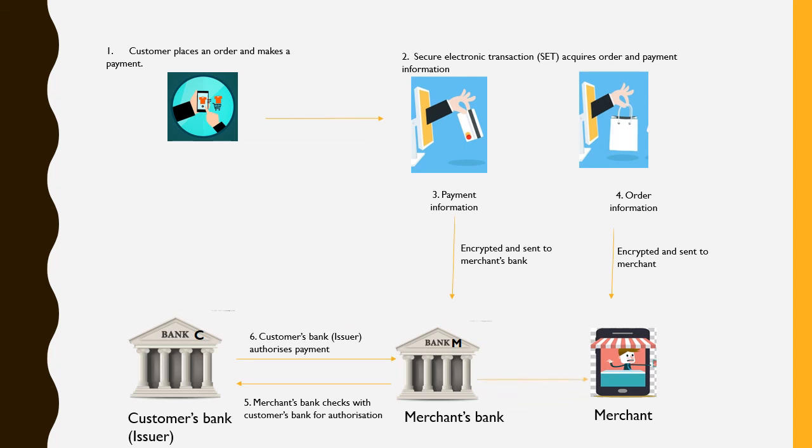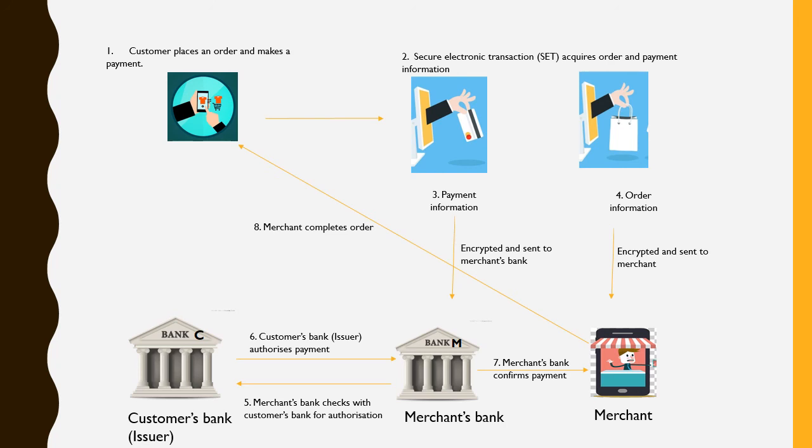Once the merchant bank gets this authorization, the bank sends the information to the merchant that yes, the payment is confirmed. We will be receiving the payment from the issuer and we will in turn be making the payment to you. So you can now complete the order. And that is when the merchant completes the order and delivers the goods to the customer.